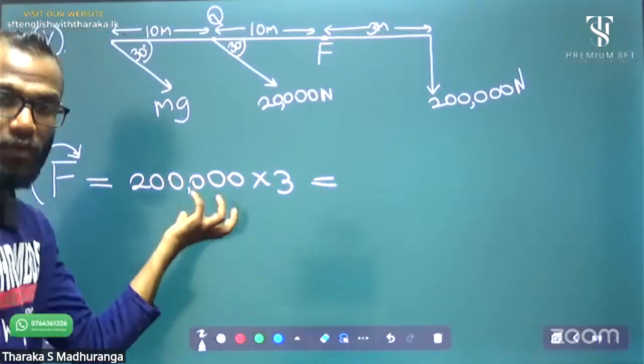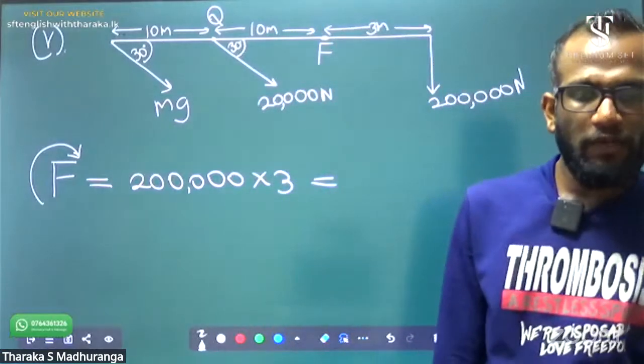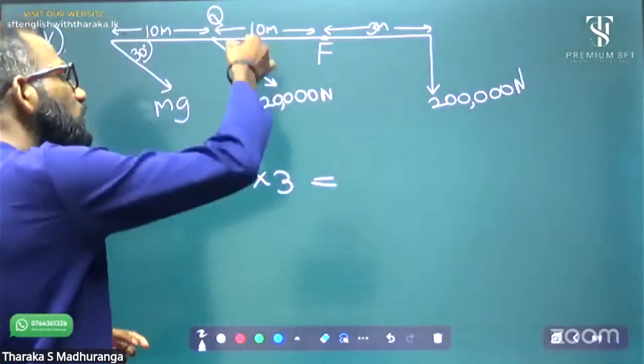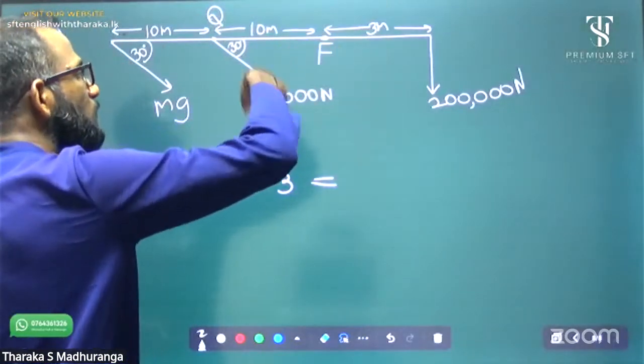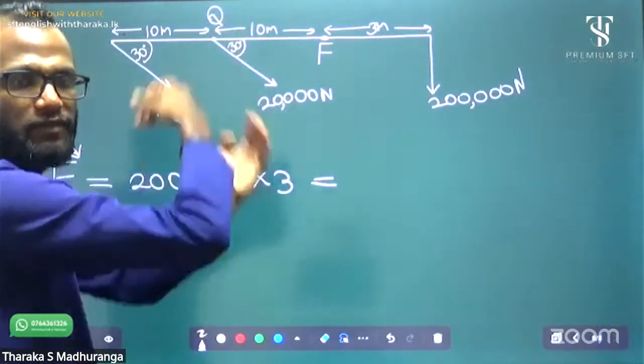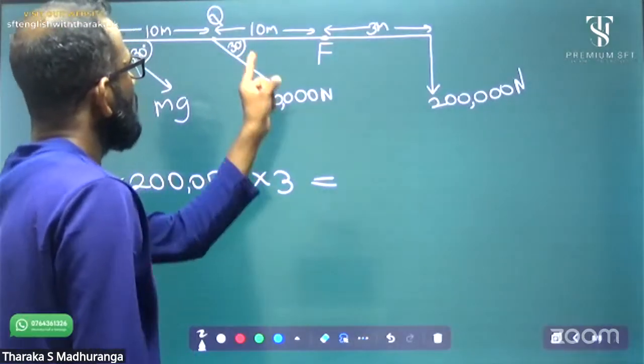The sum of clockwise moments of force is equal to the sum of anti-clockwise moments of force. The 20,000 and mg are both anti-clockwise, rotating to the left side.